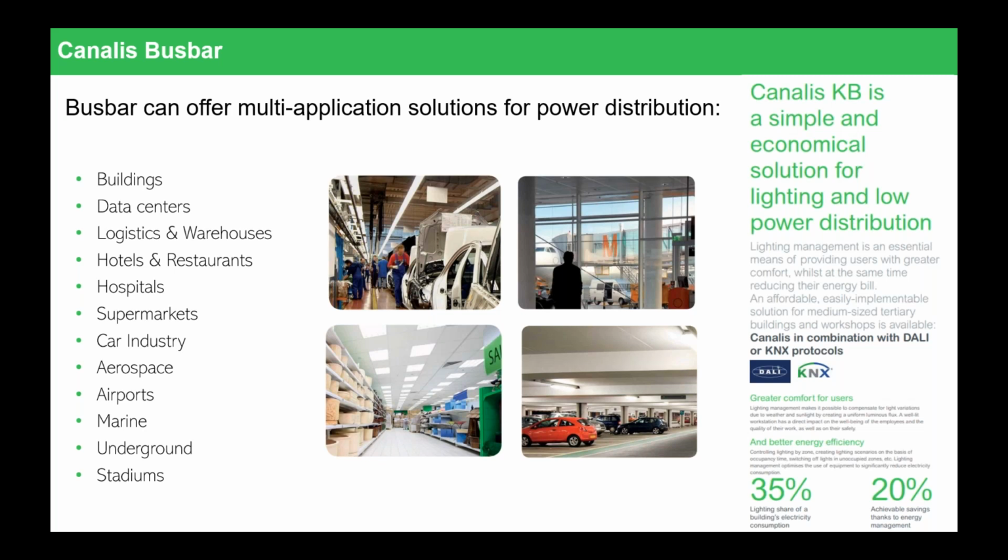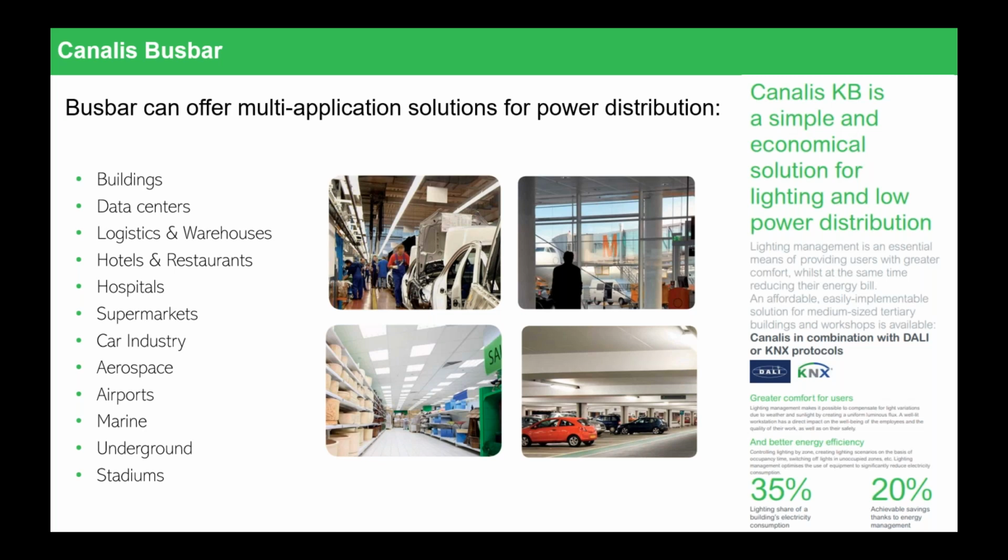So practically every application that you see in the market, you can take into account the Canalis Busbar from Schneider Electric. I put here all the applications that we sold in the past. We have the references in the market.